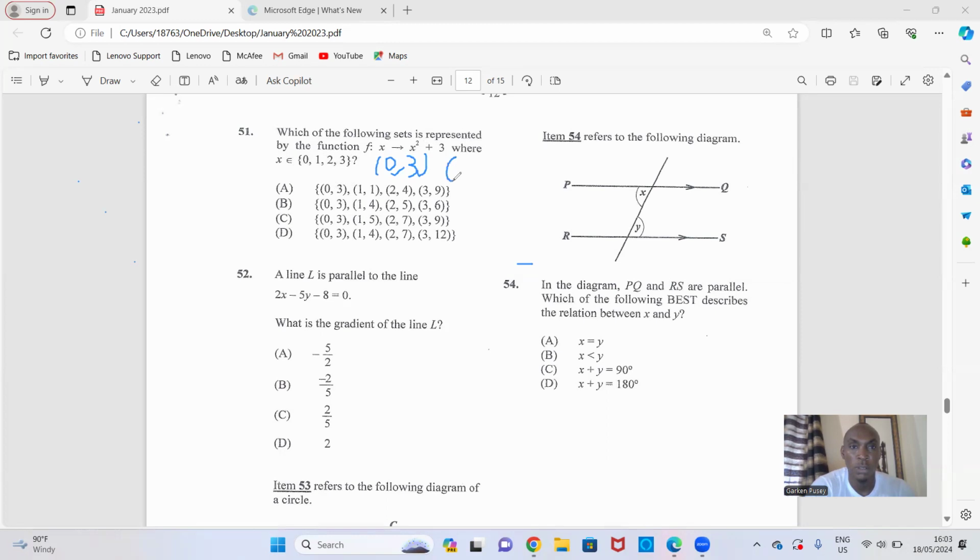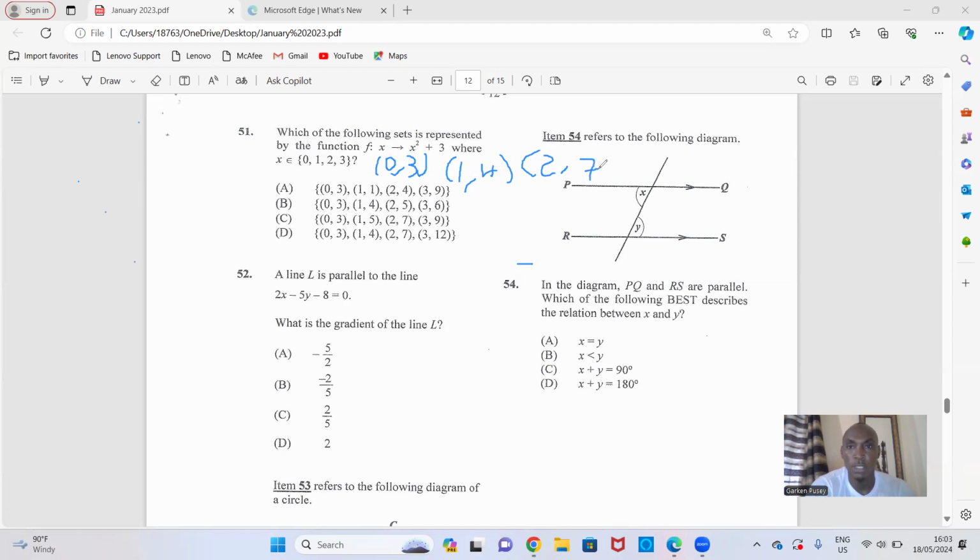Next one. When I substitute 1, I'll get 1 squared is 1, plus 3, 4. And when I substitute 2, I'll get 2 squared is 4, plus 3, 7.